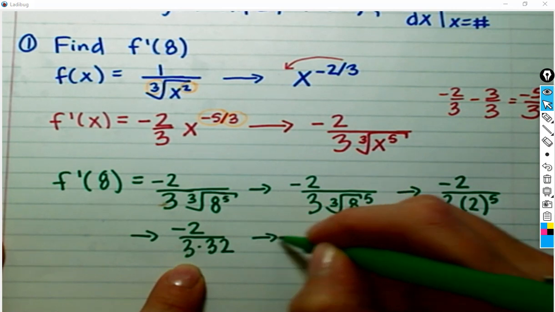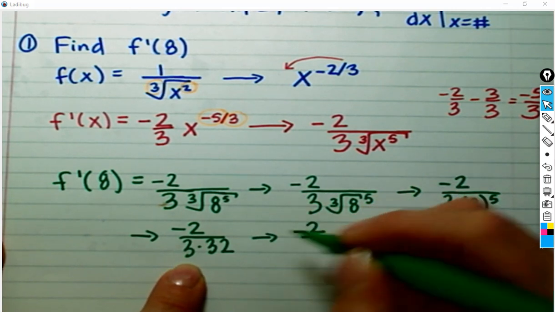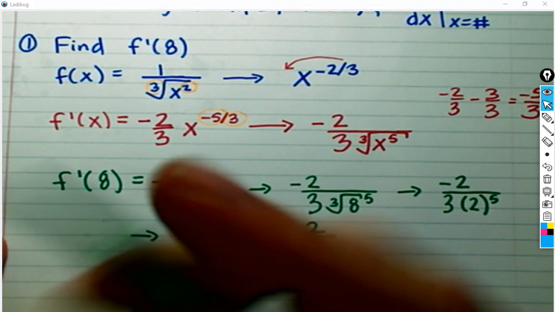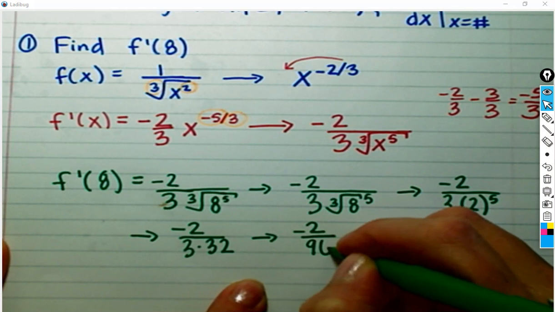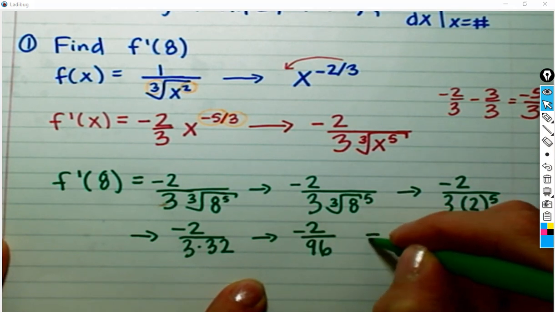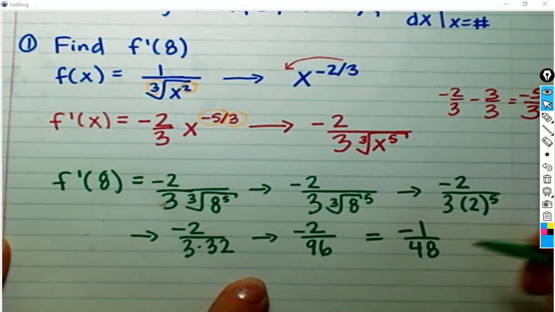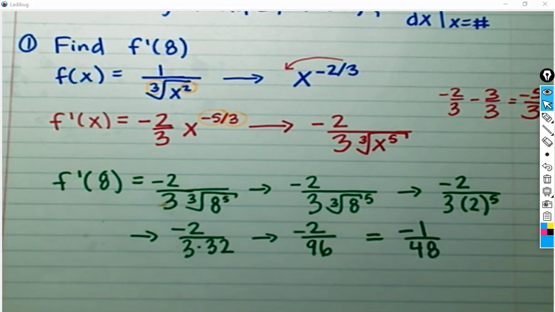And then we get negative 2 over 3 times 32 is 96. Okay. And that reduces to negative 1 over 48.